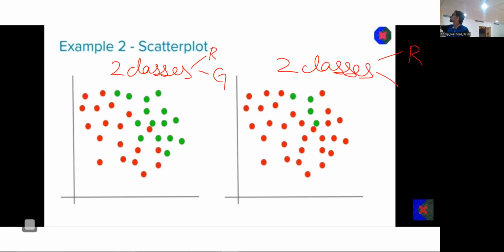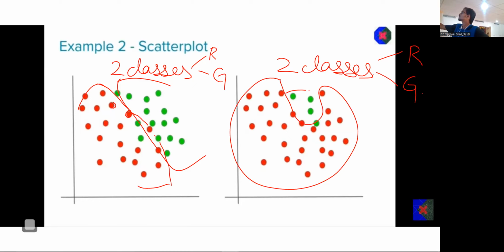Now, if the two classes are in almost equal numbers, as you can see, we can have a kind of separation: this much is red and this much is green. It means somewhat equal quantity. Or another case can be maximum of one particular class and minimum of the other class, as in the second case.